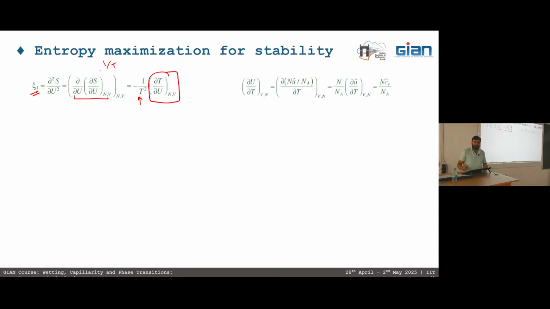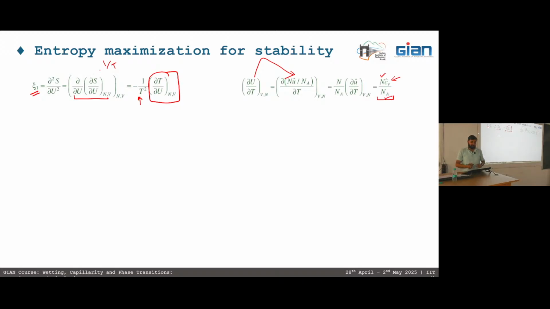To evaluate that, we just reverse the term. So we write it as del u by del T, because we know that leads to the heat capacity. So we write del u by del T, and we write this u in terms of specific terms, and in the end it turns out to be n by Na times Cv. Now we know that Cv must be a positive quantity. n is the number of molecules, again positive, and Na is the Avogadro number, also positive.